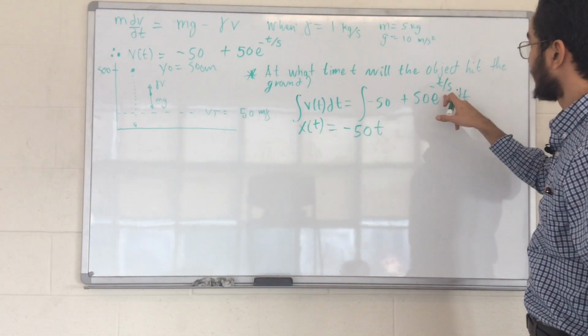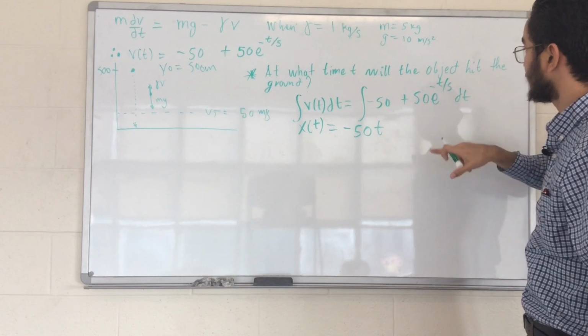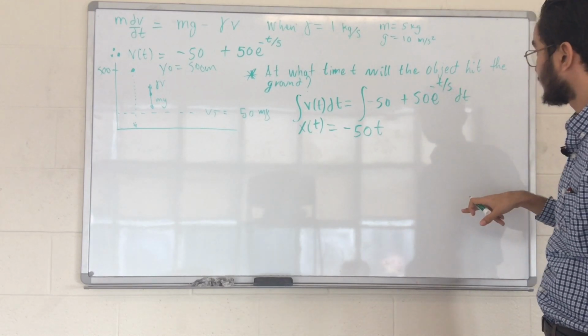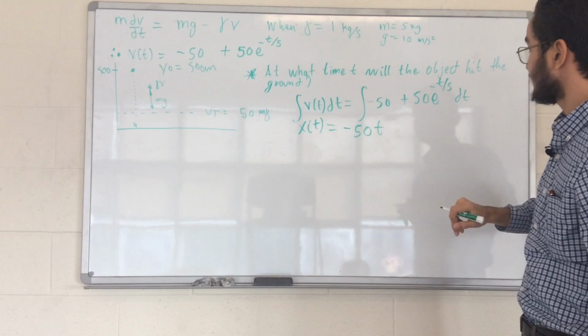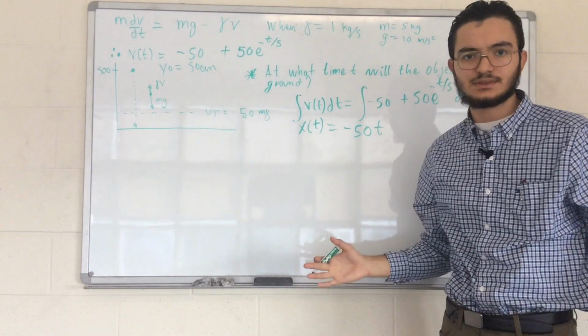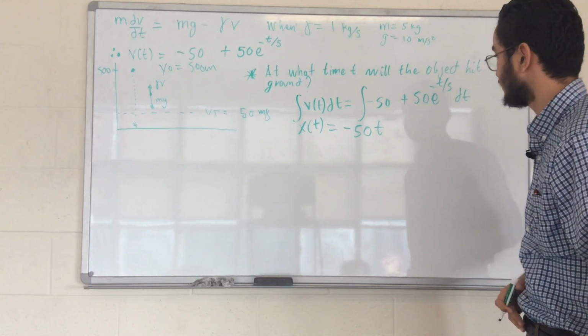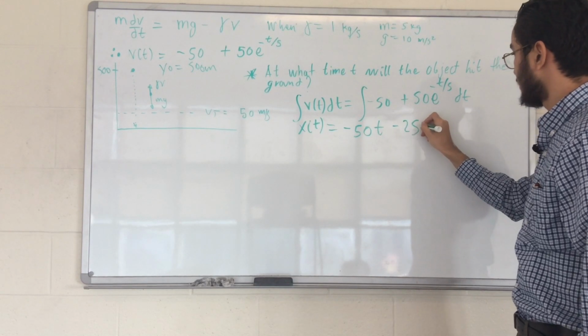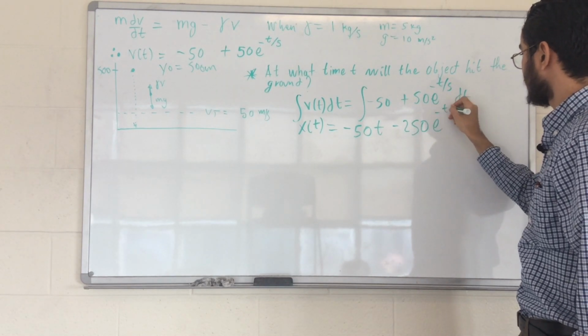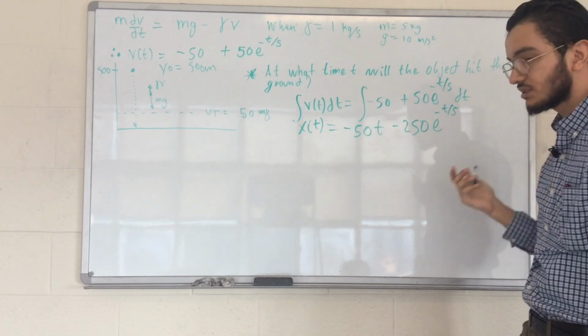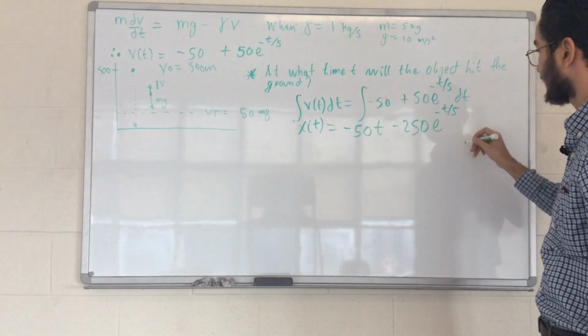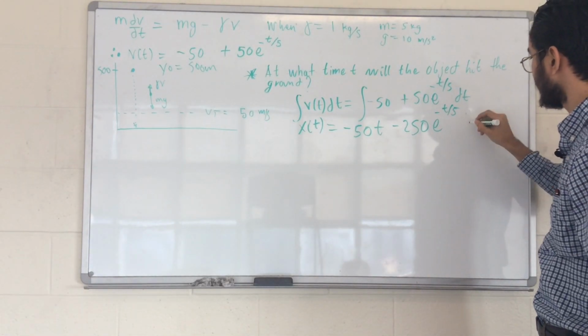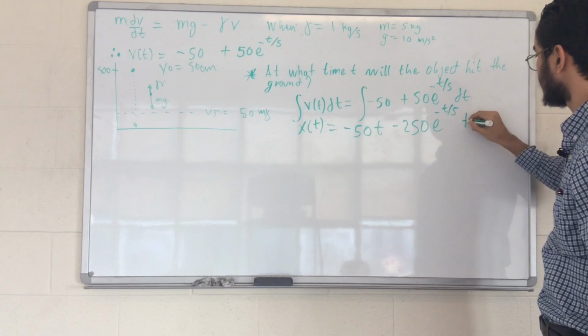So first we take the derivative of this, we divide by that, by the reciprocal, right? So we're just going to multiply by negative 5. So negative 5 times 50 is minus 250, e to the negative t over 5, right? Using the chain rule.